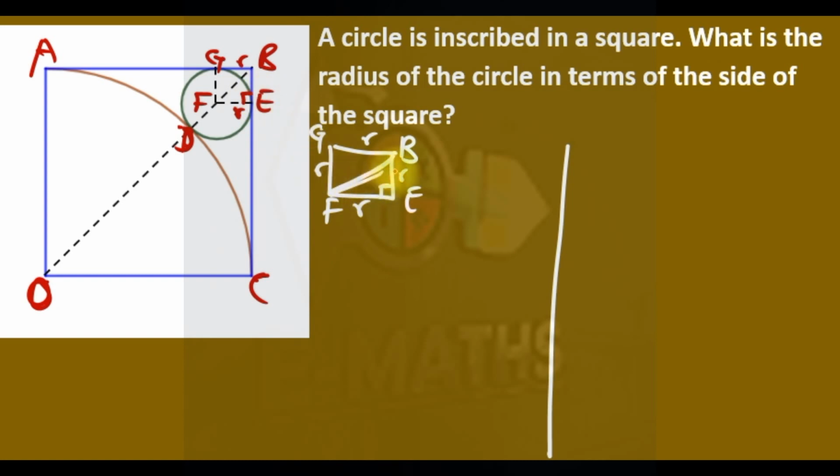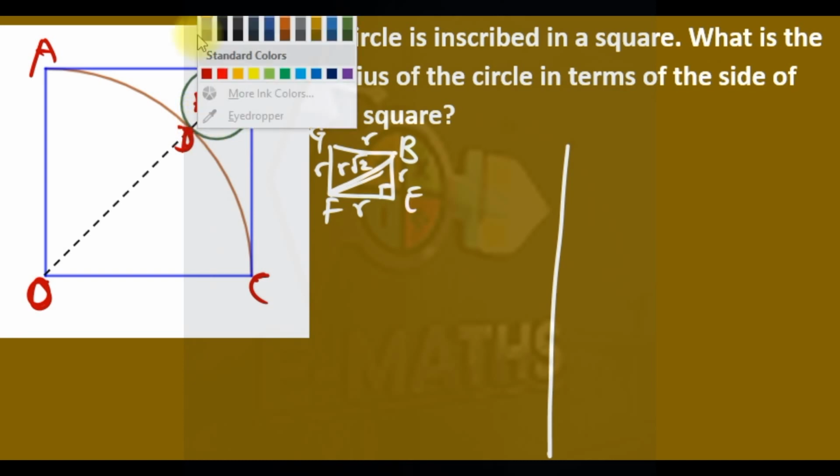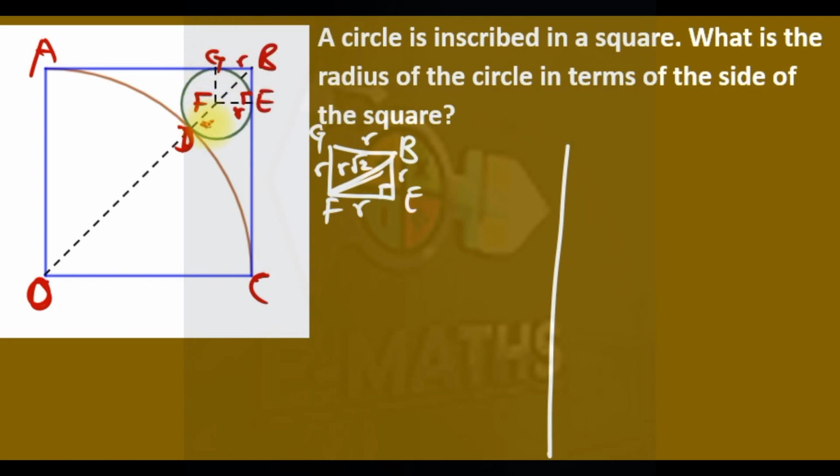So using the 45, 45, 90 isosceles triangle theorem, you see that the diagonal FB is R root 2. As you can see, FD is also the radius of this circle, so this is R. And this is a quarter circle, a sector.